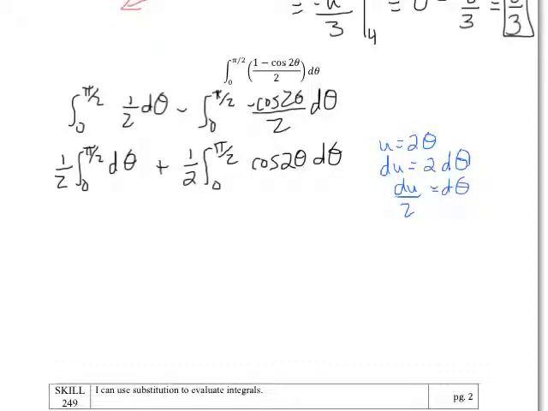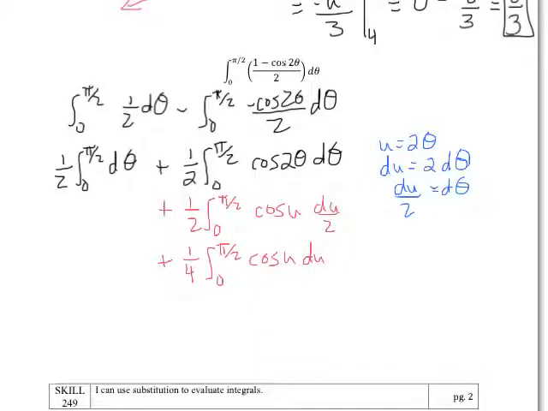So that allows us to replace the integral 0 to the pi over 2 cosine of u, and then du over 2 for the d theta, which gives us 1/4, because I'm pulling the 1/2 to the front, of cosine of u.